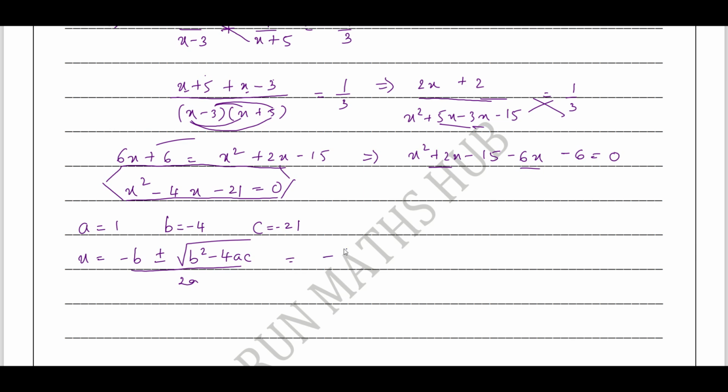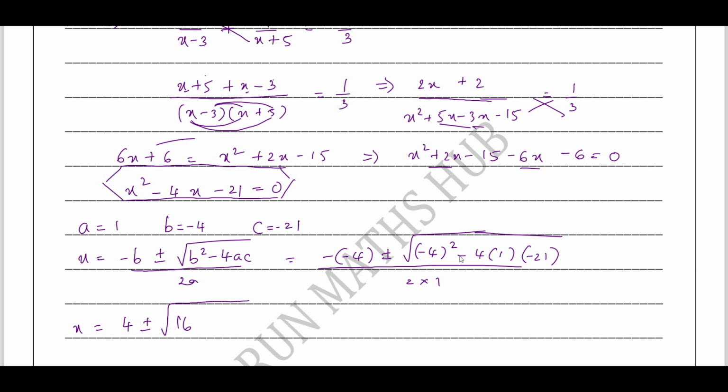Minus of minus 4 plus or minus square root of b square, that is minus 4 square, minus 4 into a, which is 1, c is minus 21, whole divided by 2 into 1. Now what do I get? x equals minus into minus, plus 4 plus or minus, minus 4 whole square, I get 16.